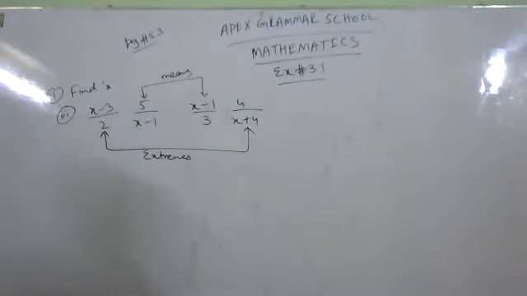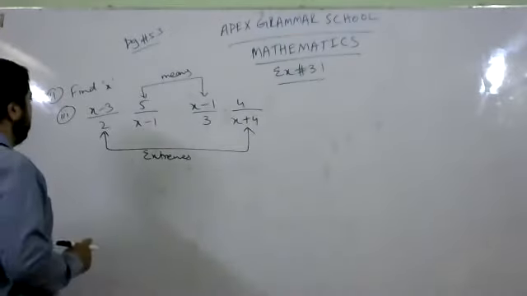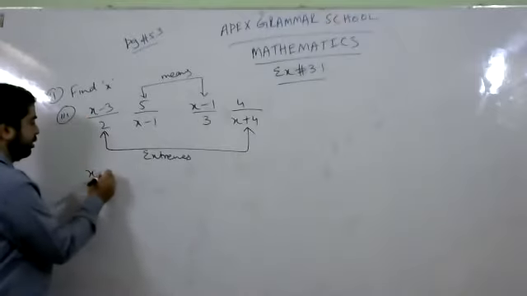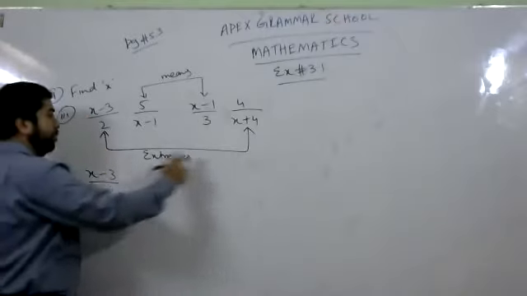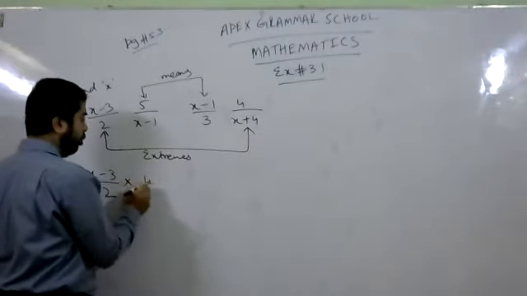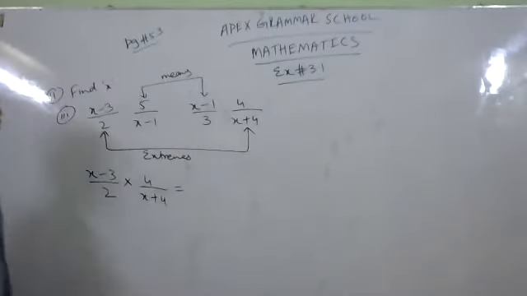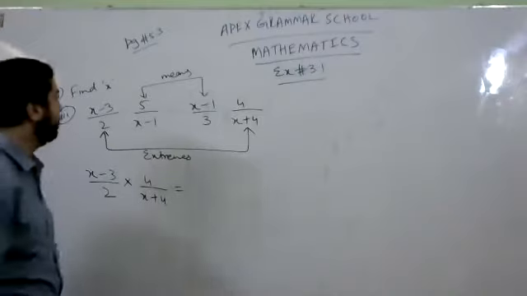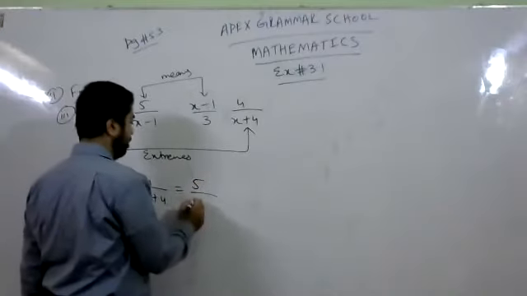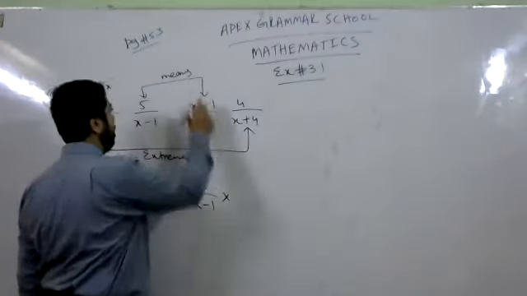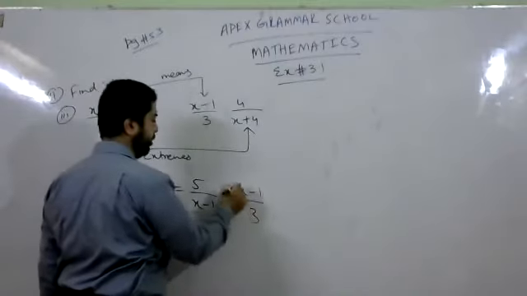So recall the formula. The formula is product of extremes is equal to product of means. So x minus 3 divided by 2 multiplied by 4 divided by x plus 2 is equal to 5 divided by x minus 1 multiplied by x minus 1 divided by 3.